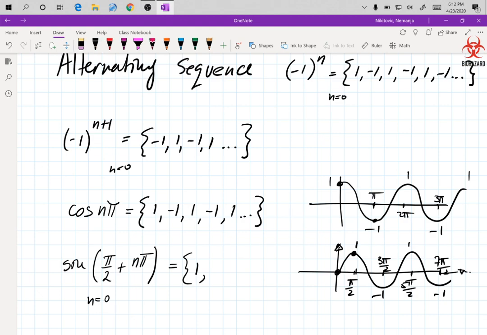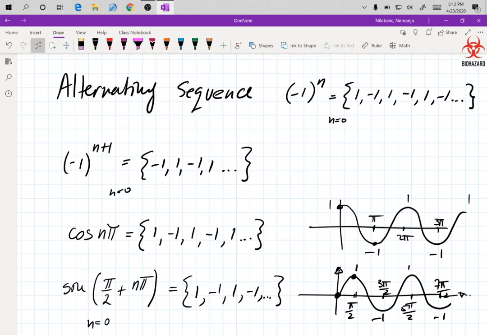Okay, there it is. So that's the one. Sometimes you just have to play with this a little bit. So these are the ways to come up with alternating terms. Alternating simply means it's positive, then negative, positive, negative, and so on.